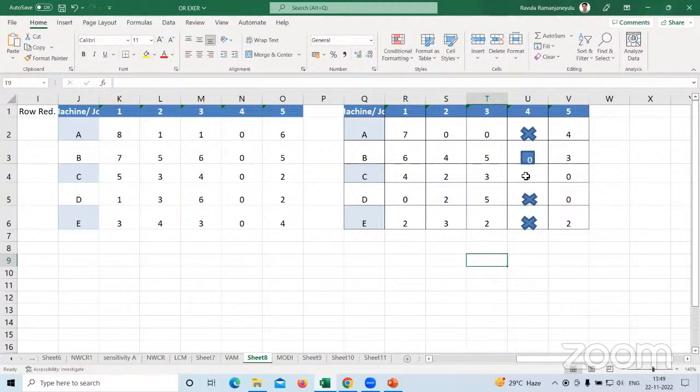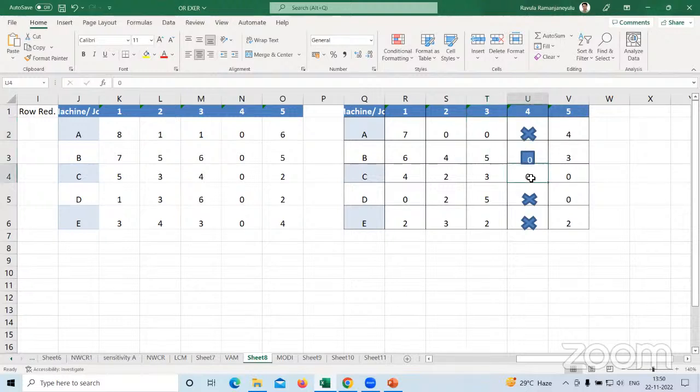Row wise, this is a single zero. Second, third row, 2 zeros. Here, 3. Nothing is there, so column wise, this zero is allocated. This zero gets cancelled. So this zero, C4, also gets cancelled, sir. C4, 3, 4. C4 also gets cancelled, right?